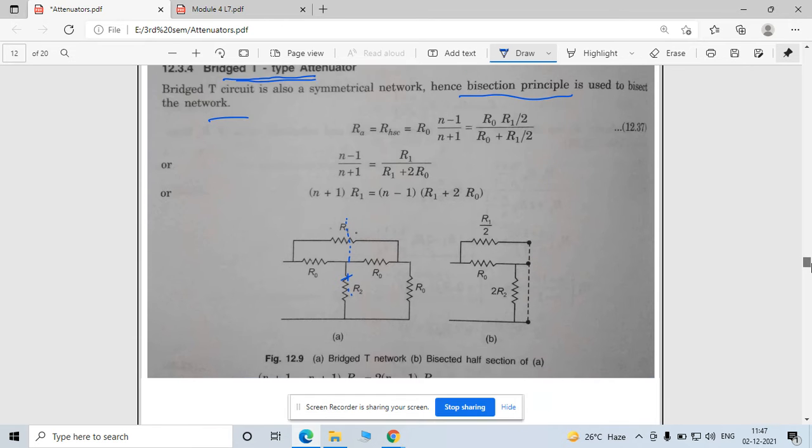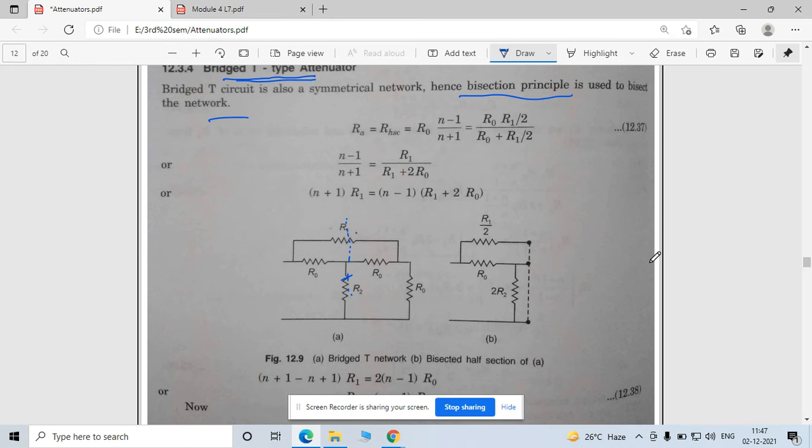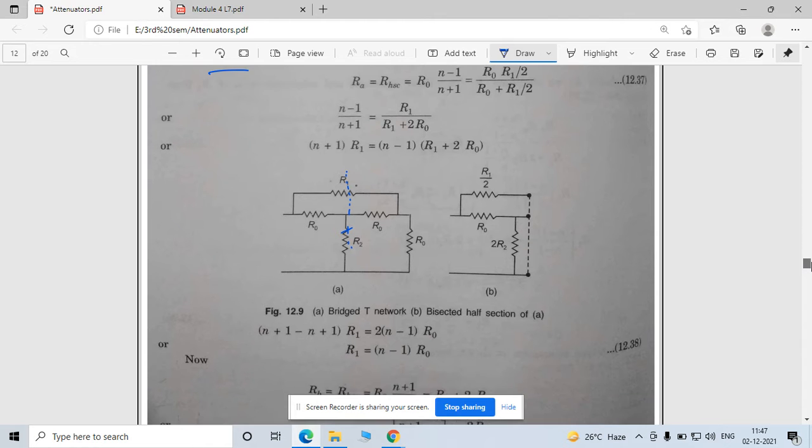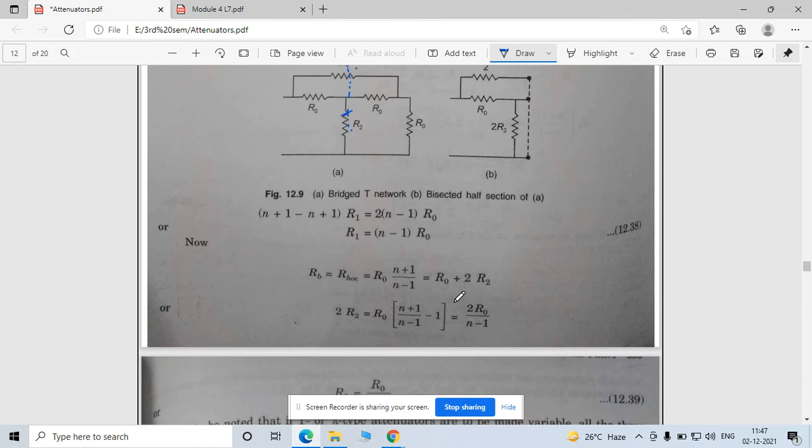Now the same way, you have to find out the short circuit resistance and open circuit resistance from this input port and equate that to your main lattice circuit, that is RA and RB. The same way, see, RB is nothing but your ROC, that is the open circuit terminal resistance for this port.